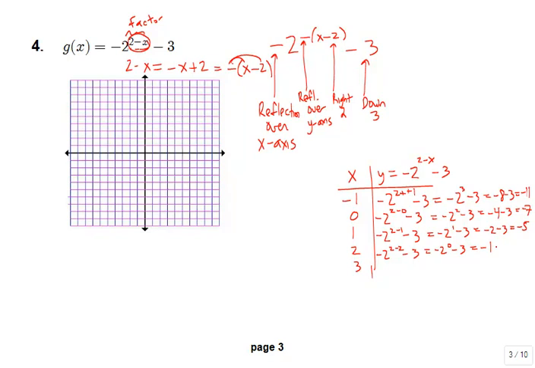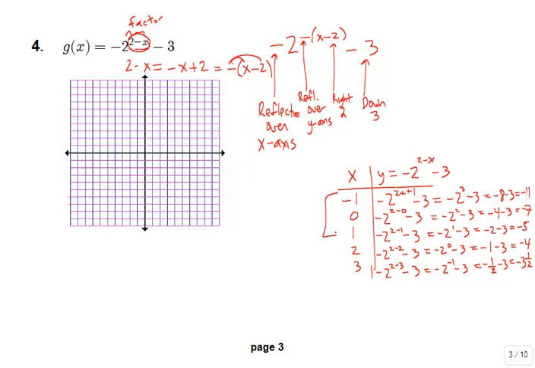It's going to be a -1 minus a 3, which is -4. And finally, if I plug in my 3, 2 minus 3 would be -1. 2 to the -1 becomes a half, but it's negative. And -1/2 minus a 3, they're both negative, so we're really adding here. So this is -3.5.